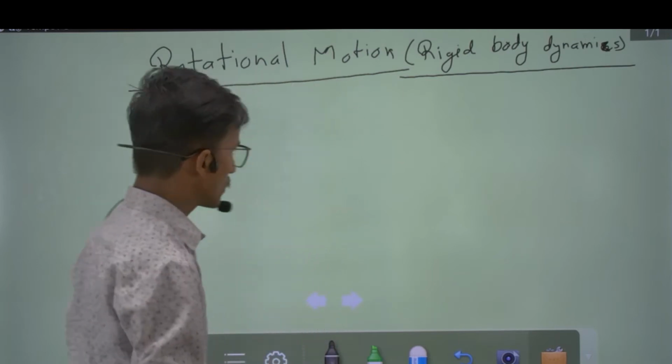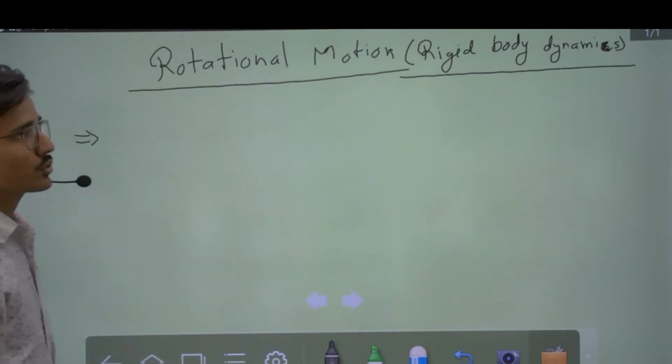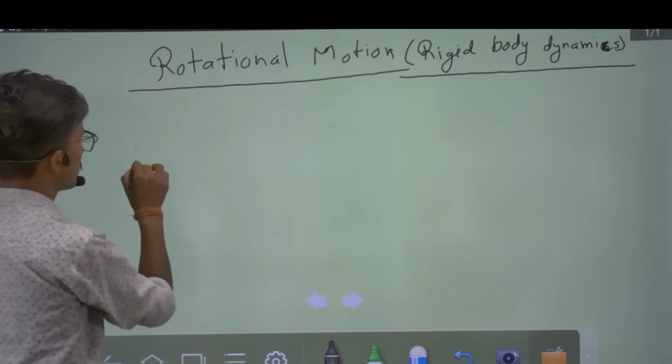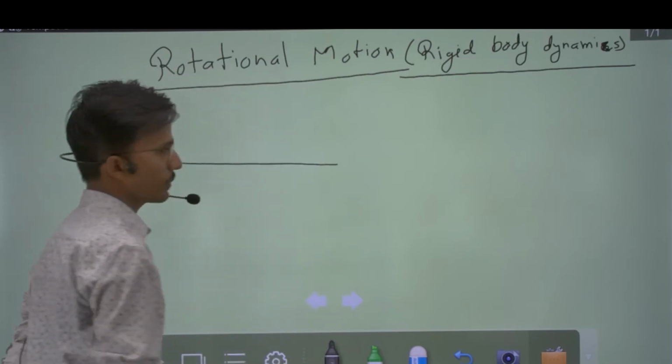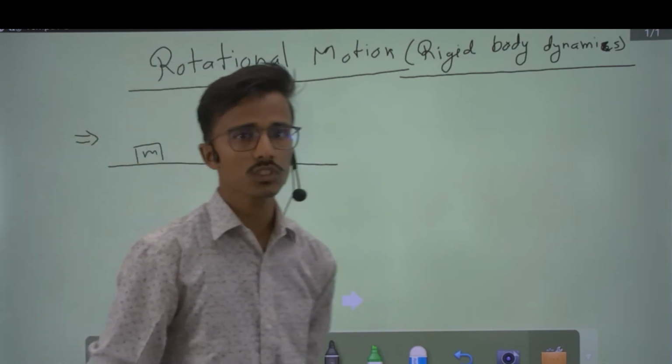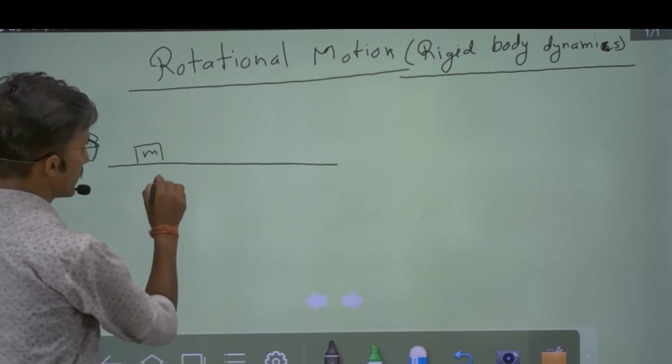First, in translation motion, which we have studied, if a mass m is moving on a straight path, then this motion is known as linear motion.